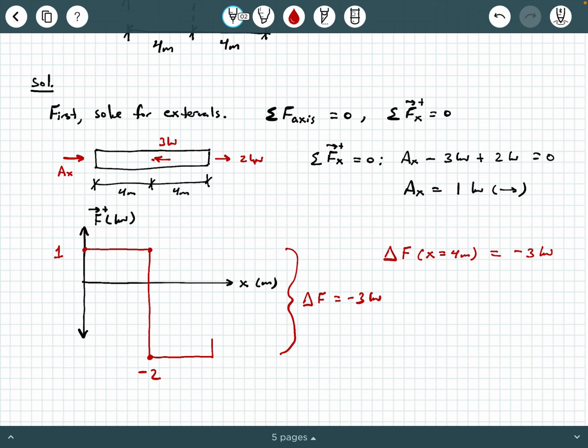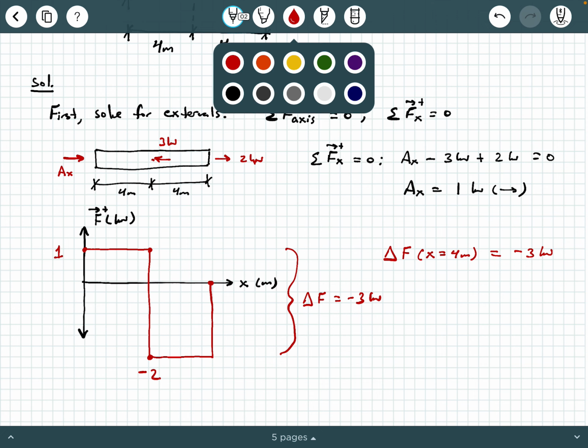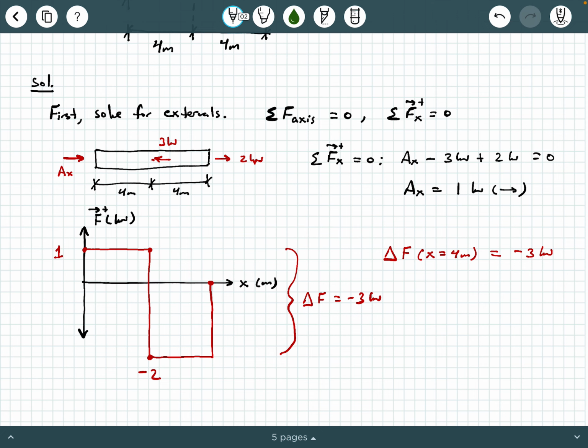That's going to bring us back up to 0 here, okay? And the reason is because this distance right here, this is another delta F, and this is positive 2 kilonewtons, positive because it's pointing to the right here. So it's going to pop us back up to 0. And from there, we're pretty much done.